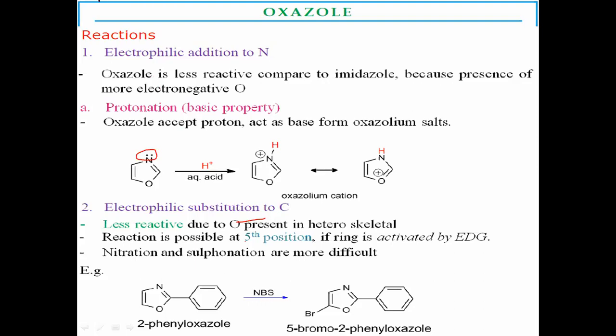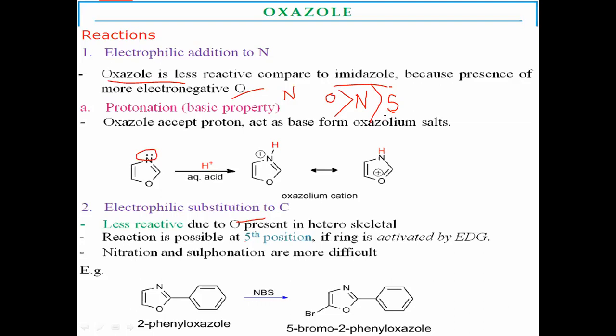And this oxazole ring is less reactive than the imidazole ring because of the electronegative atoms, because oxygen is more electronegative than nitrogen. Nitrogen is less electronegative than oxygen but more electronegative than sulfur.